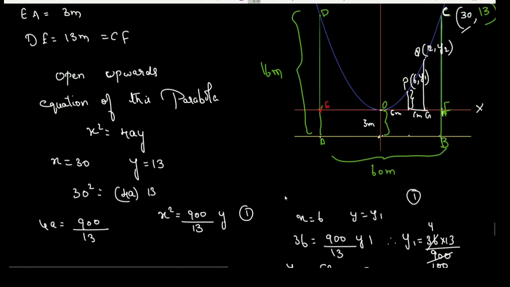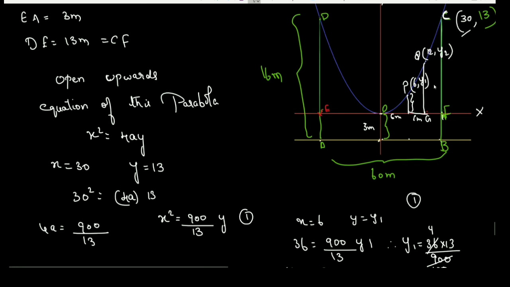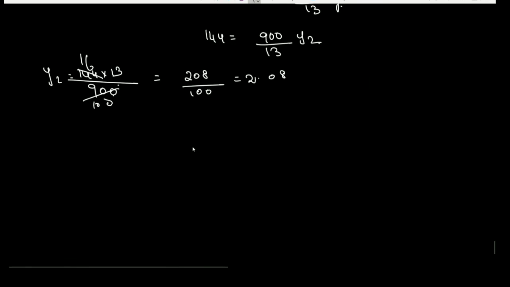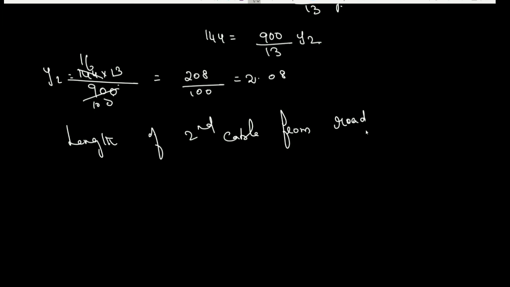So this length y2 is 2.08 from the vertex. The length of the second cable from the road is 3 plus 2.08, that is 5.08 meters. So that is the height.